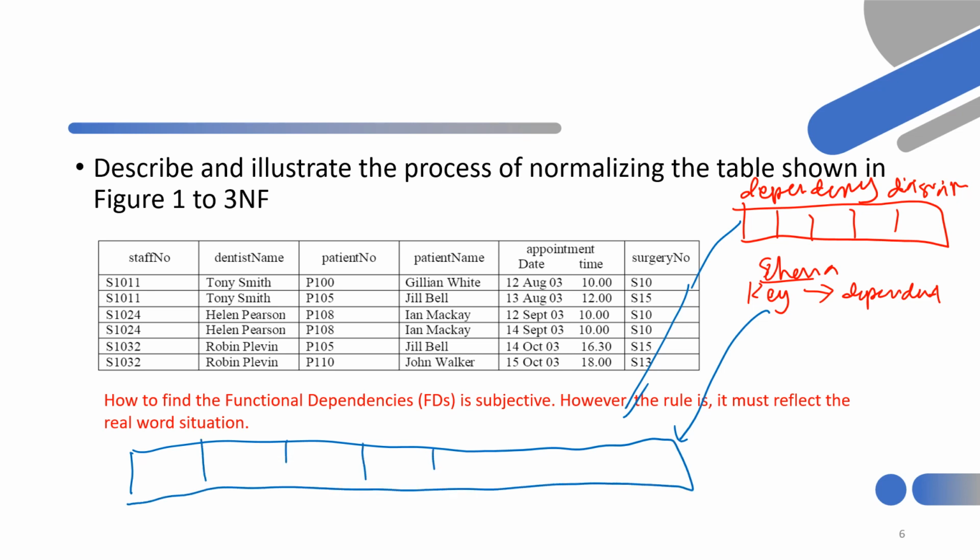So this is the dependency diagram. You can write down the staff number, the dentist name, and so on. So this is not in the first normal form yet. I just write down the dependency diagram later on to be used to identify the functional dependencies.